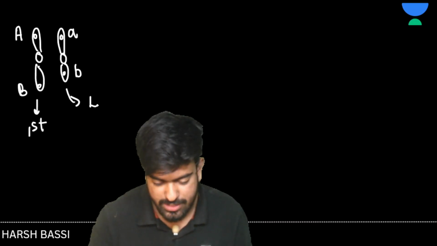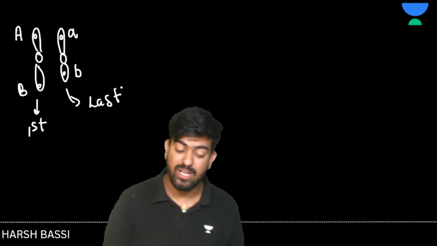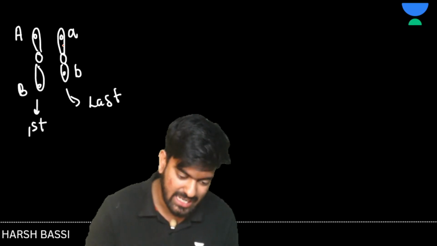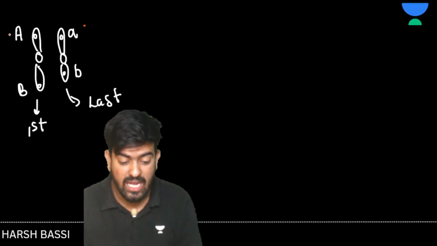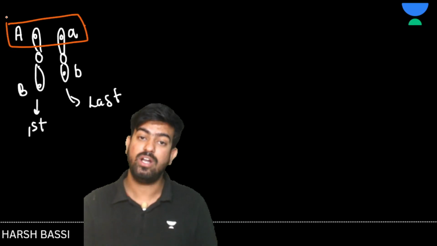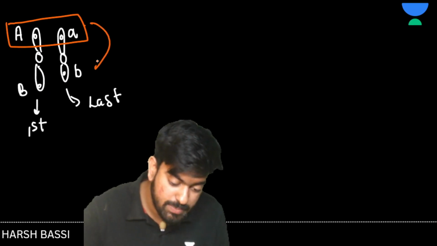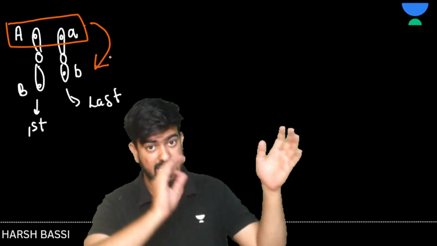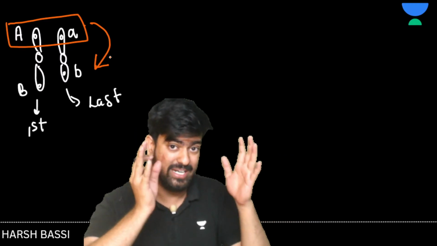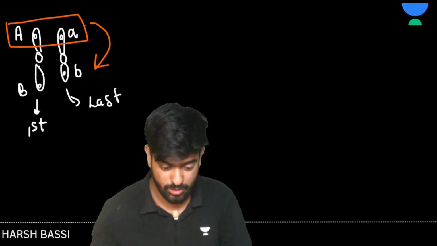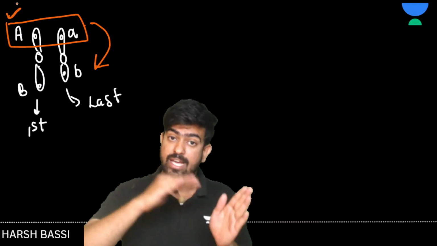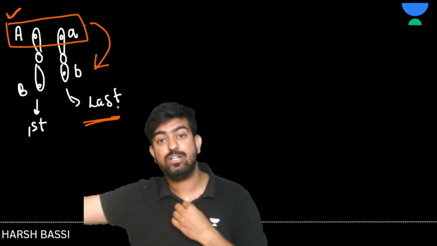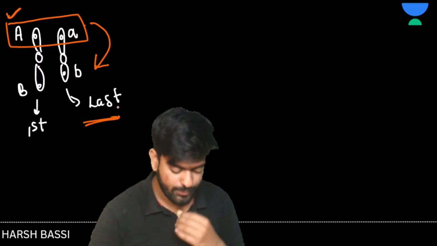Now what's happening is that A is controlling this B. In the first bench, the genes capital A and small a, the presence of the dominant gene here is controlling the characters of the recessive gene. Yes or no?